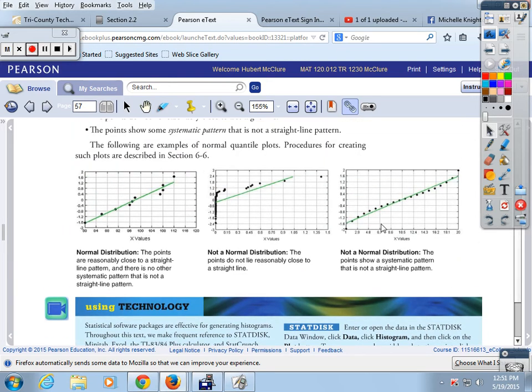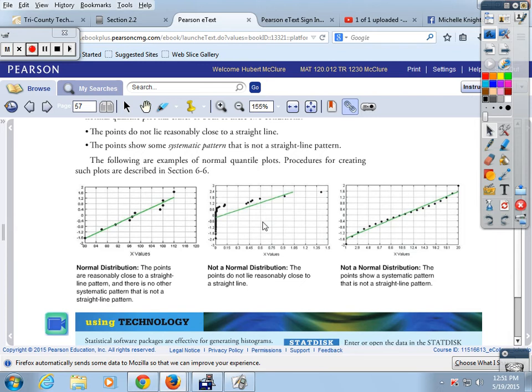I'm sorry. I don't cover this. I don't test you on this, but anyway, normal distribution. The points are reasonably close to the straight line pattern, and there is no systematic pattern that is not a straight line. In other words, this is a normal distribution because you see a left to right tendency, but there's no pattern.